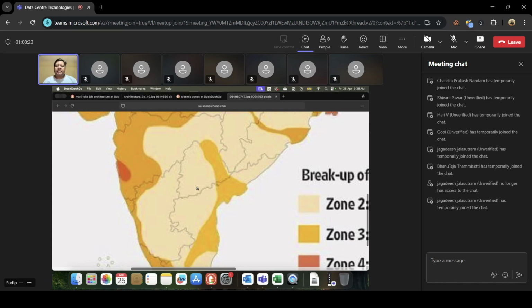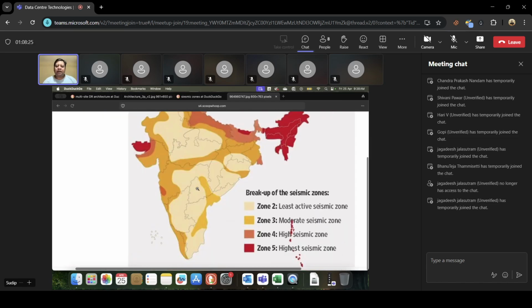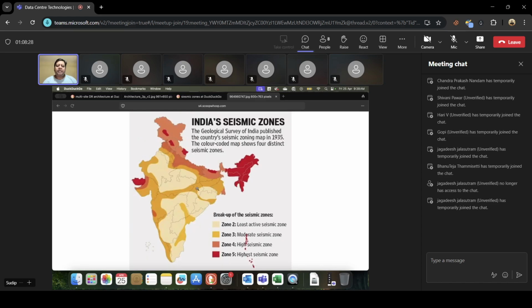And this is the reason why many data centers come up and are still coming up in Bangalore and Hyderabad. Why do you think Microsoft, Amazon, Google are setting up large data centers in Hyderabad and in Bangalore? The primary reason is that both of them are in zone 2 from a seismic zone perspective. That means the probability of an earthquake happening here is the least.